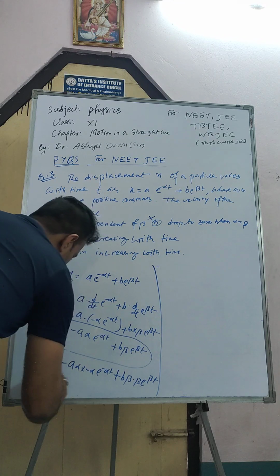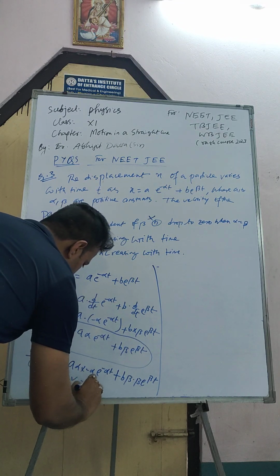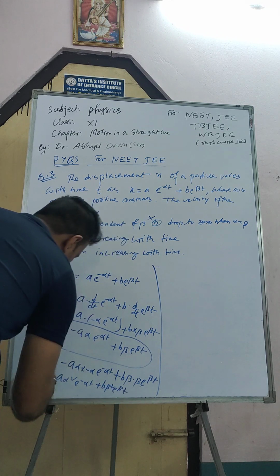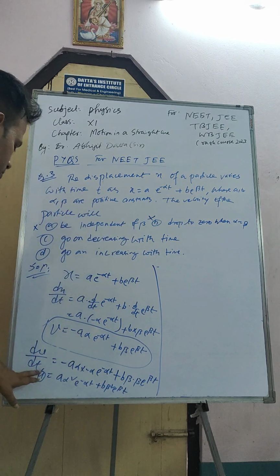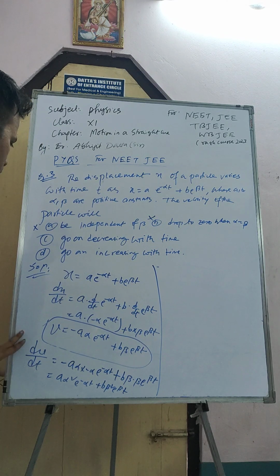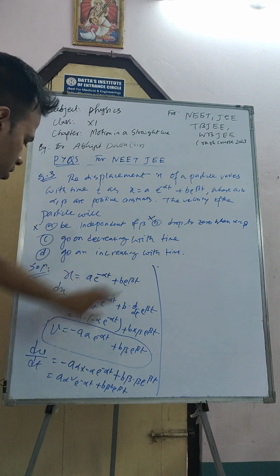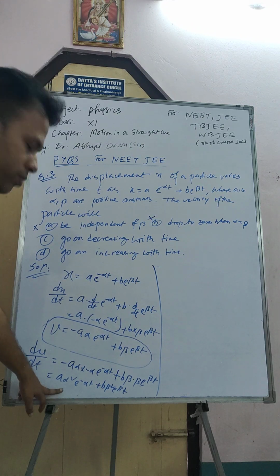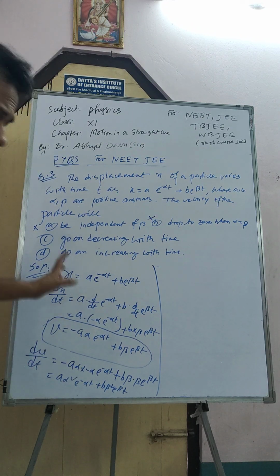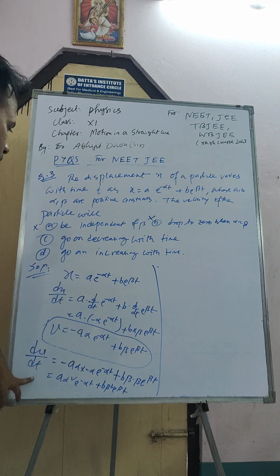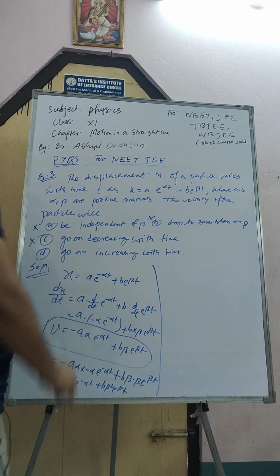Okay, so it will be a alpha square e to the power minus alpha t plus b beta square e to the power beta t. Look, this one is acceleration. So velocity will go on decreasing with time, never, because this one is positive, this one is positive, and all the constants alpha, beta, a and b are positive, so it is increasing. So this option is also not correct.